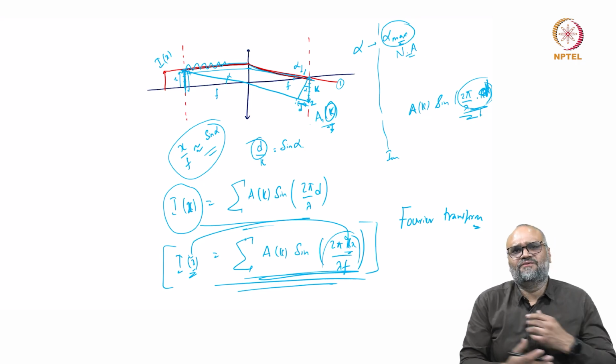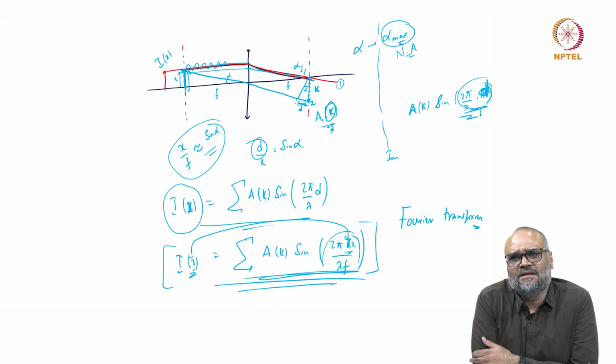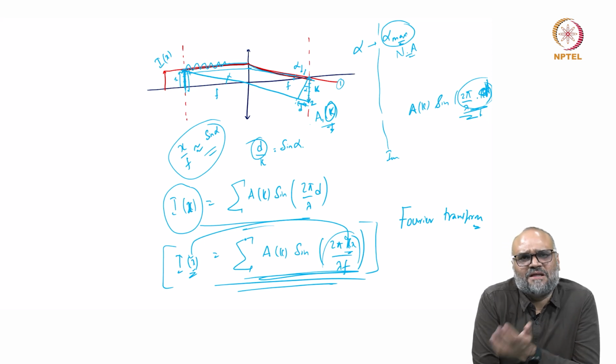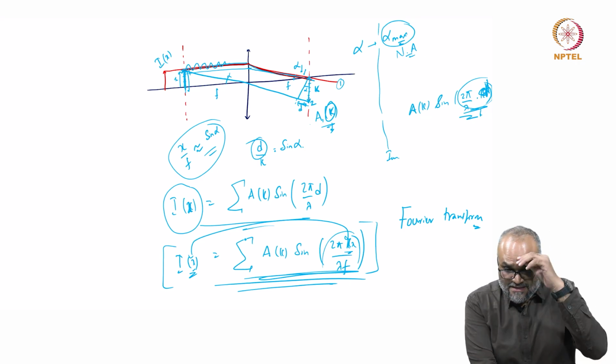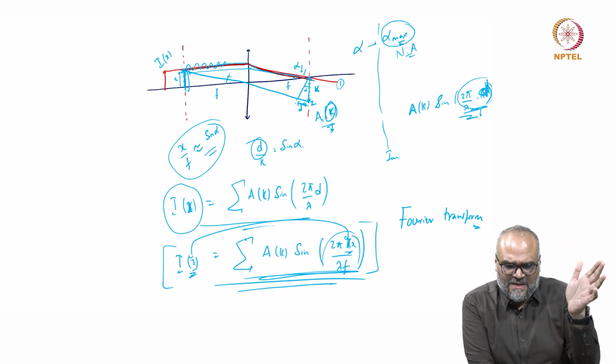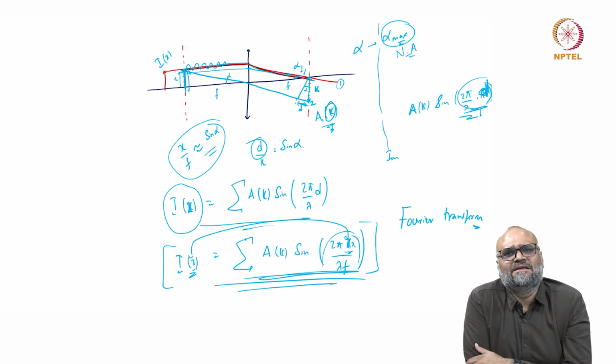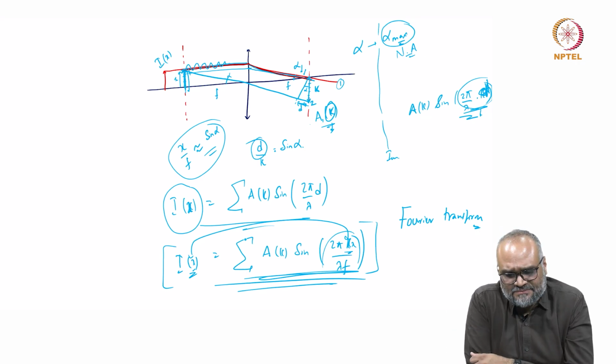So this is what a Fourier transform does, and within an optical microscope or an electron microscope, please bear in mind that this particular relation of the object plane and the back focal plane can be related through a Fourier transform. And why is it important, or where is it important in an electron microscope?